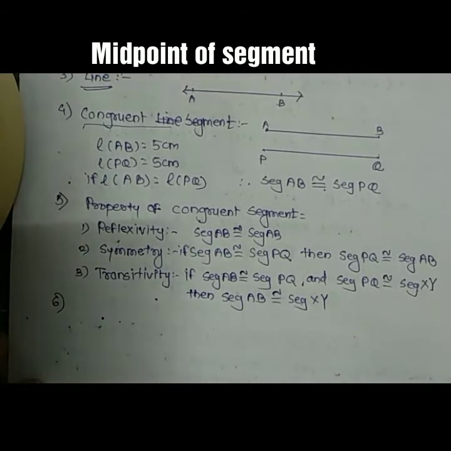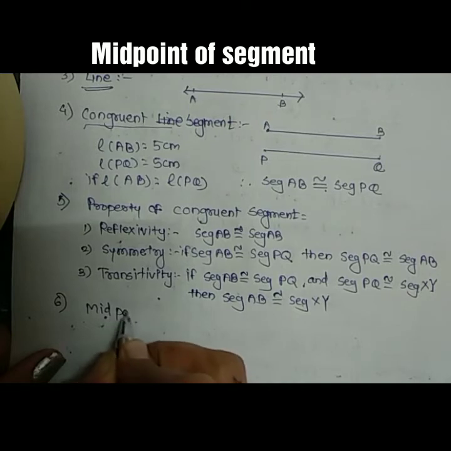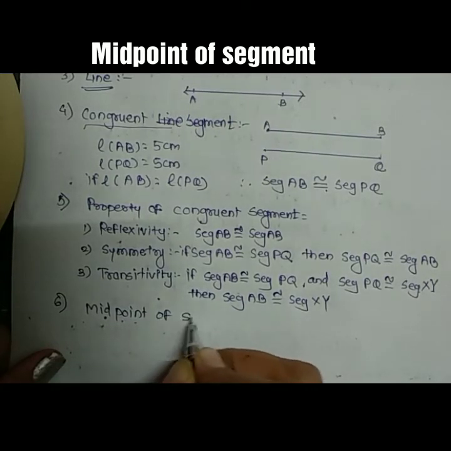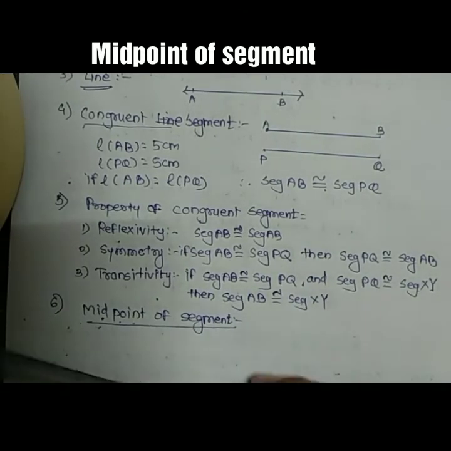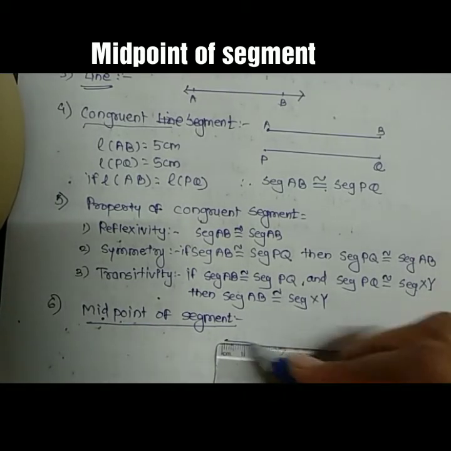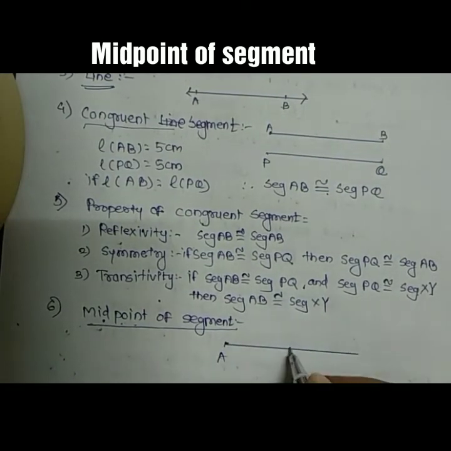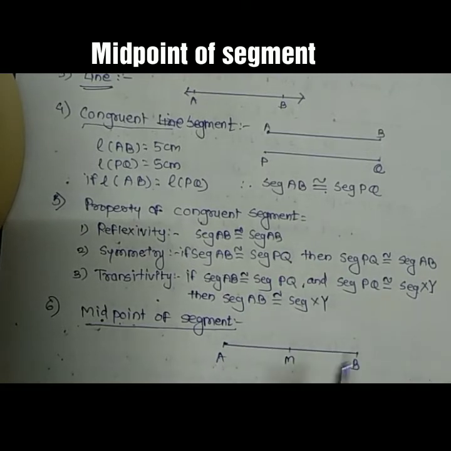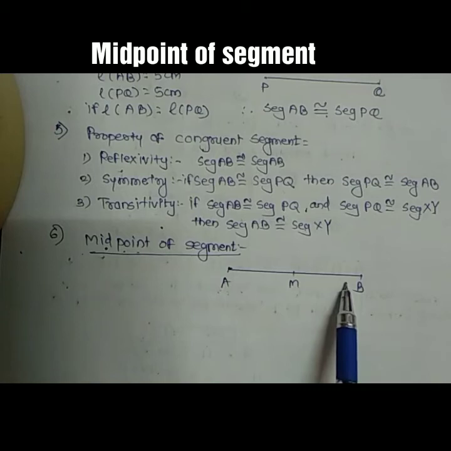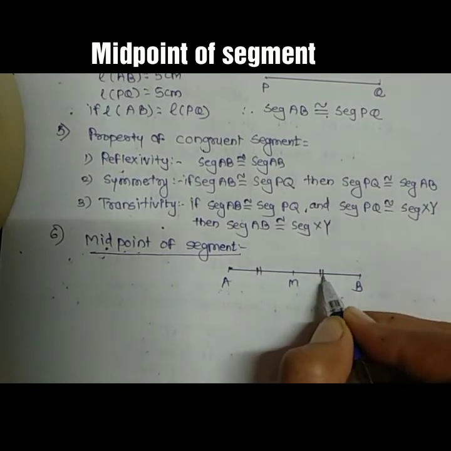Next point, midpoint of a segment. In the given figure, A-M-B means segment AM is congruent to segment MB.